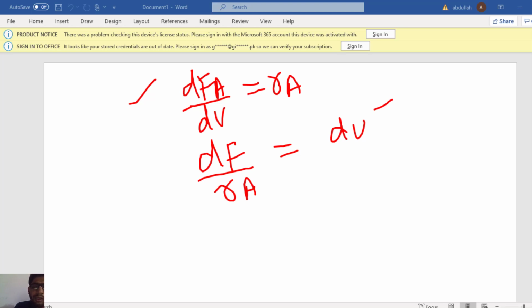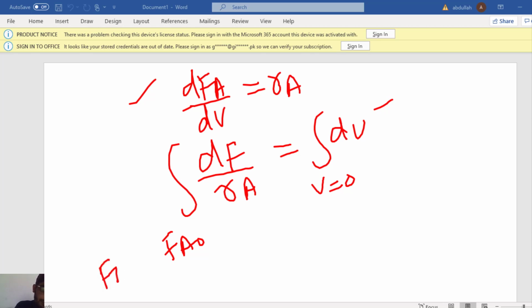Now we can integrate this relation. At volume V equal to 0, the flow rate of A was FA naught. At volume V equal to V, the flow rate of A was FA.